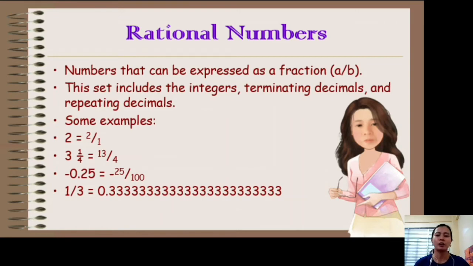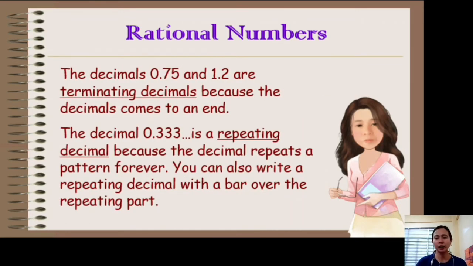So, 3, 3, 3, 3, oh, napakaraming 3. So, that is repeating decimals. The decimals 75 hundredths and 1 and 2 tenths are terminating decimals because the decimals come to an end. Ibig sabihin, may hangganan, nag-i-stop.